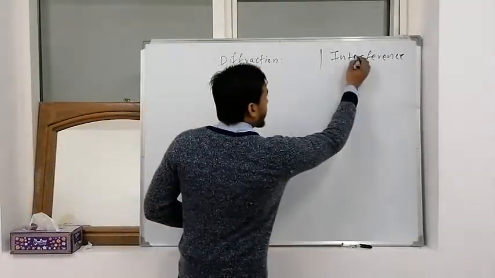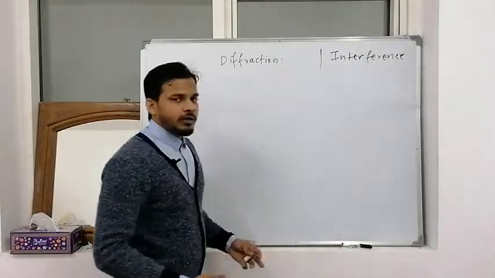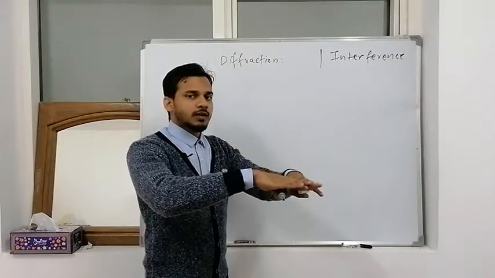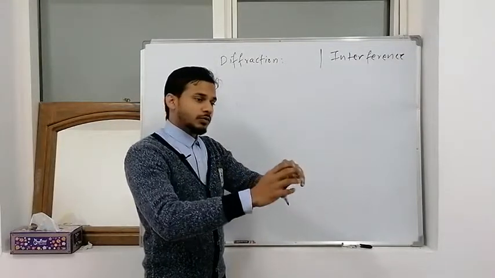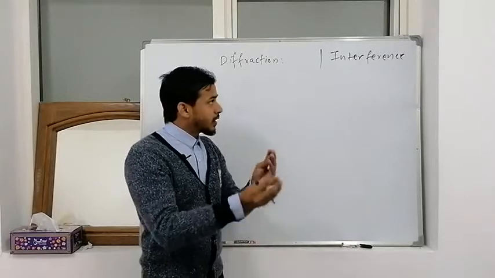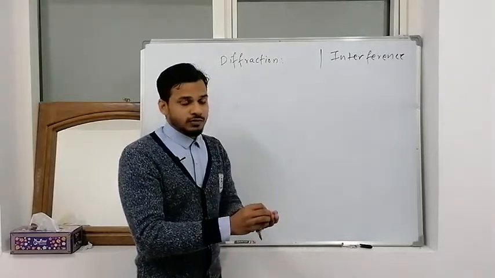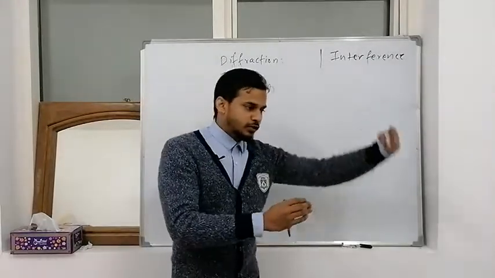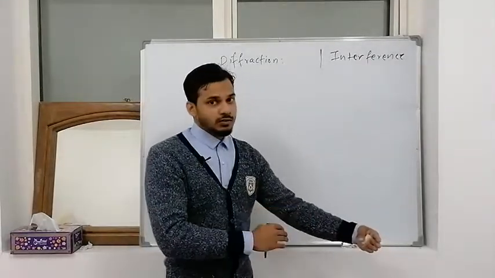Interference happens when two light waves come and join together, and there is a superposition of the waves. After that, we get one interference pattern on the screen.